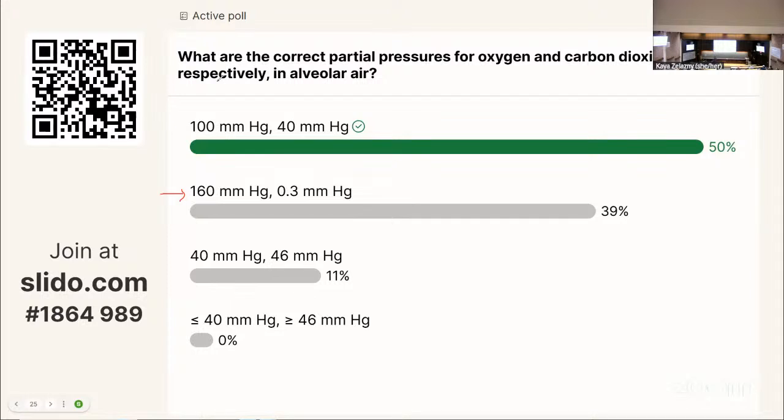We would have even another shift, conveniently for our memories, perhaps, dropping the partial pressure of oxygen in our alveoli down to 100, right? So oxygen 100, great. That's going to be the baseline number you want to remember for partial pressure of oxygen. It happens to be the case that carbon dioxide has a partial pressure of 40 in the alveolar air.